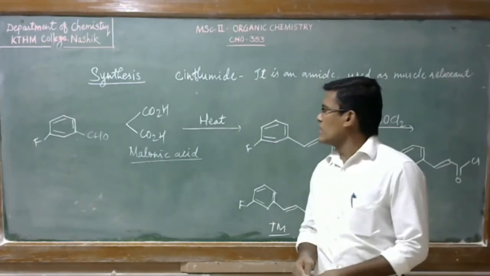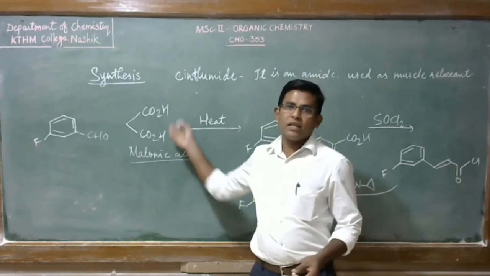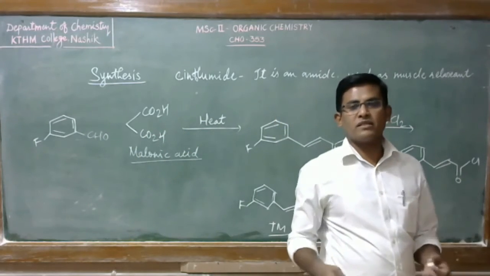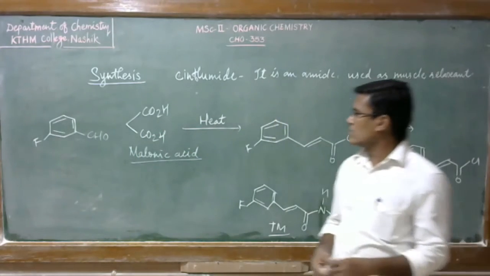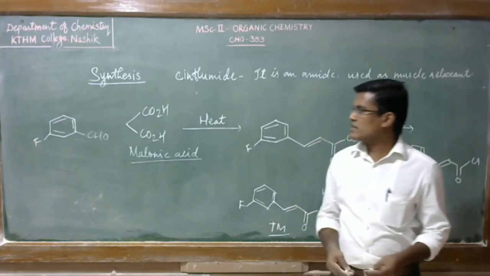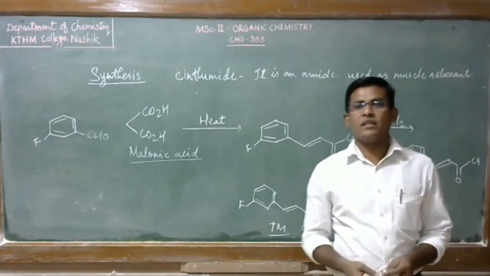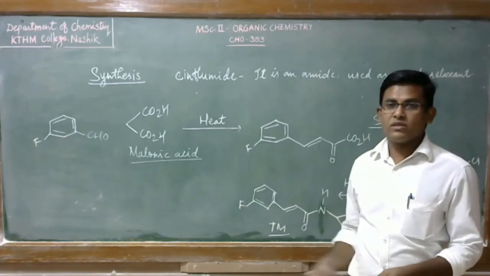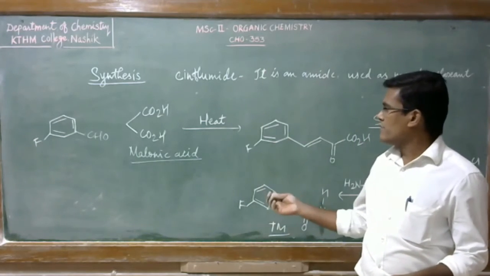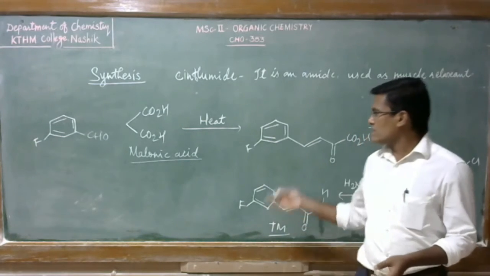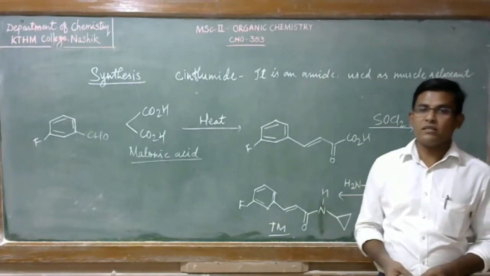Simple. The only thing is that instead of taking acetic acid, we have used its chemical equivalent, malonic acid. So this retrosynthetic analysis involves malonate chemistry as well as the alpha beta unsaturated disconnection.